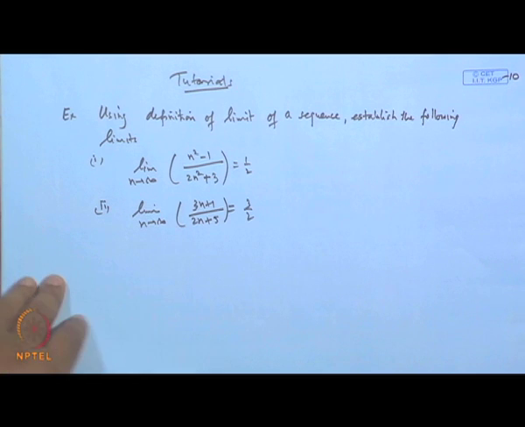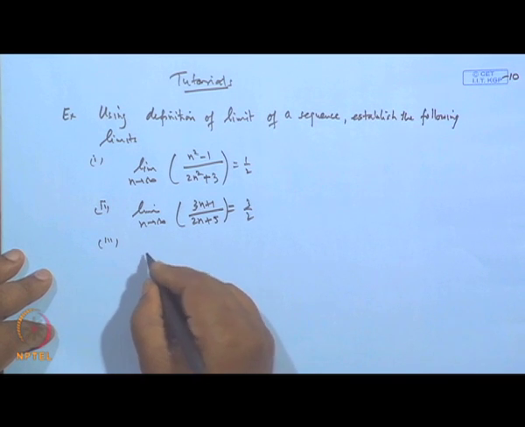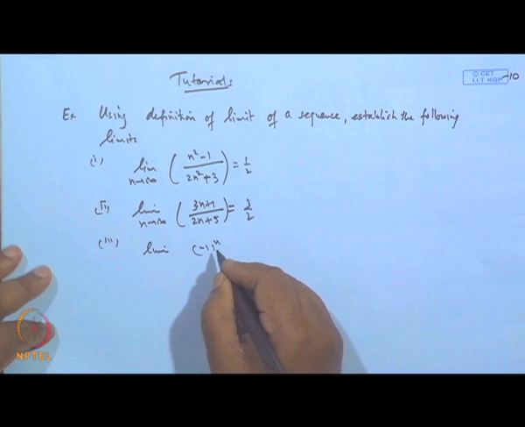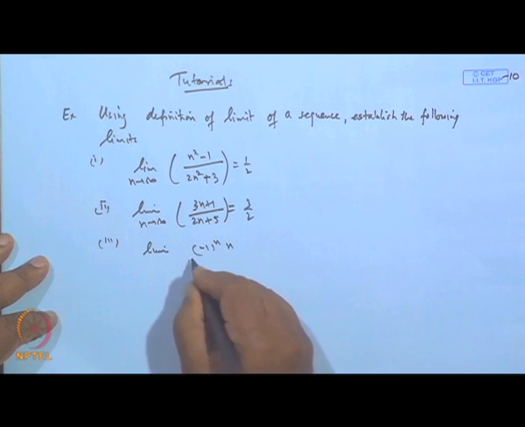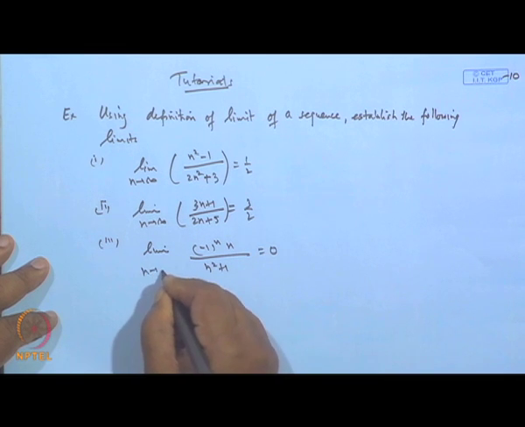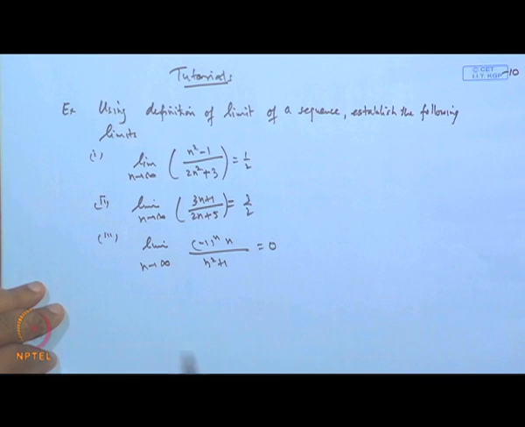Third, limit of (minus 1)^n times n divided by (n square plus 1) is 0 as n tends to infinity.